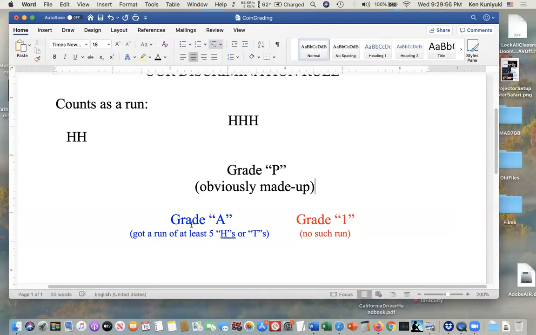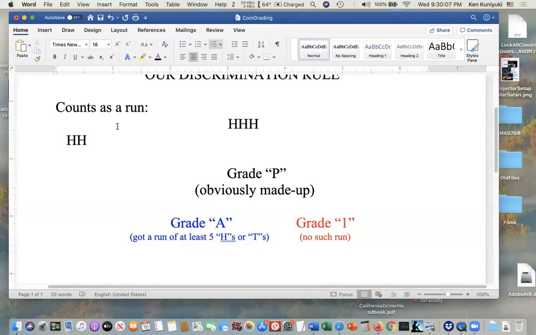Now, if you're not a P paper, if it wouldn't be obvious to someone else that you just got it from your head, here's how I want you to grade your paper. Look through your paper. If you ever see a run of 5 heads, or 5 tails, and by the way, this counts as a run: if number 8 is ahead, number 9, number 10, number 11, number 12 is ahead, this counts as a run.